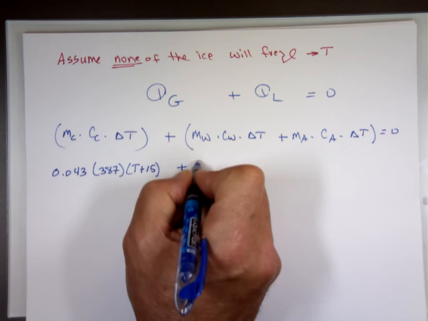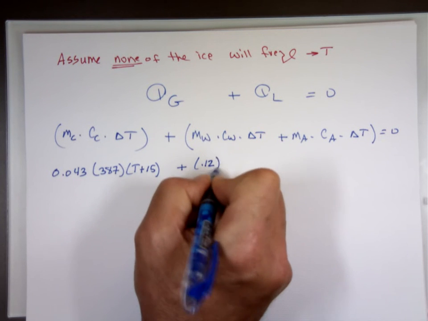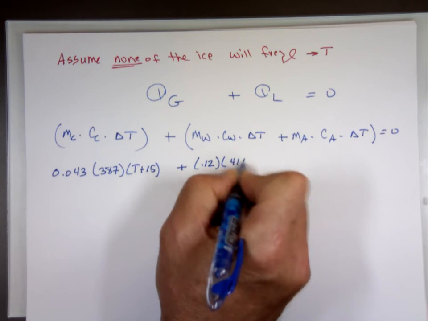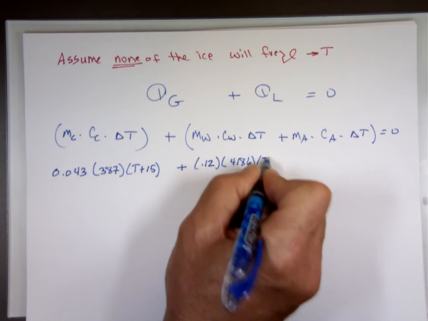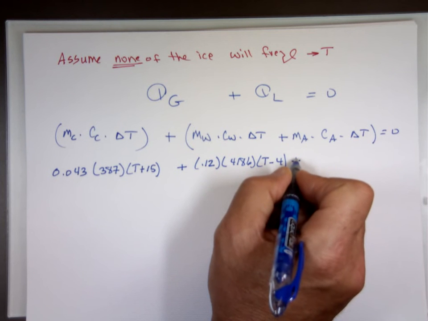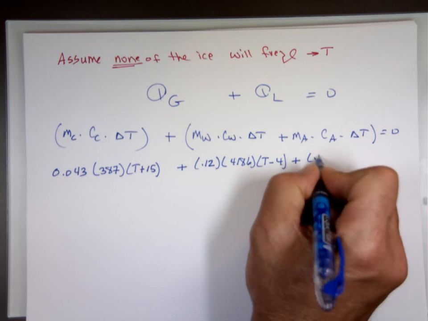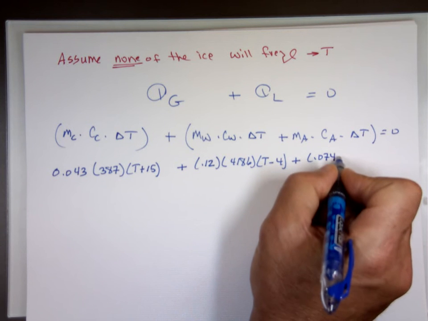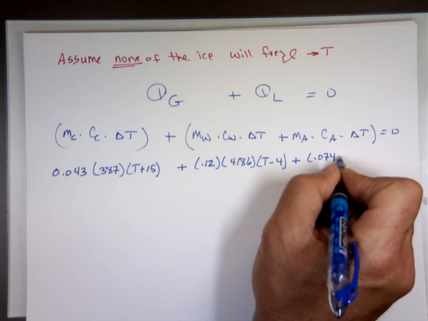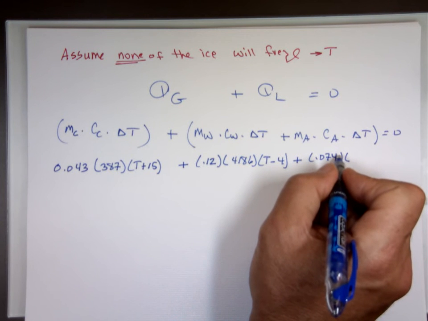120? 4186, T minus 4. Mass of the aluminum, 74, times C for aluminum, 387, right? Was it 387?